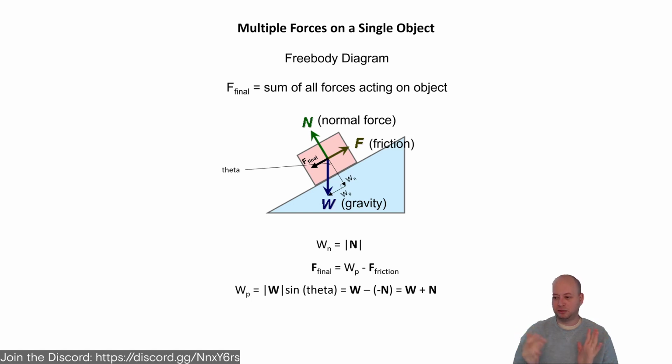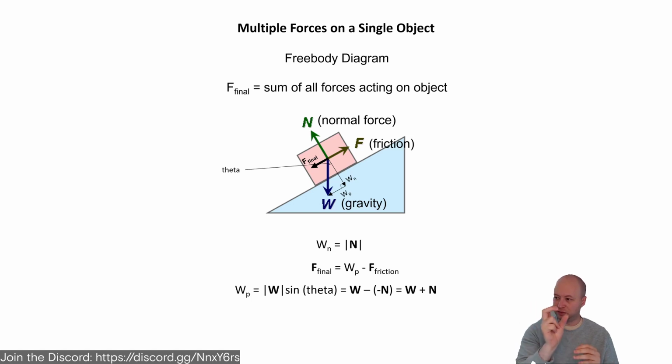What's cool about this is friction is complicated. Our final should never exceed this friction force. The combination of the two will either be 0 or some amount pushing down.